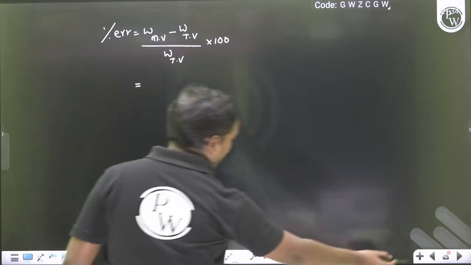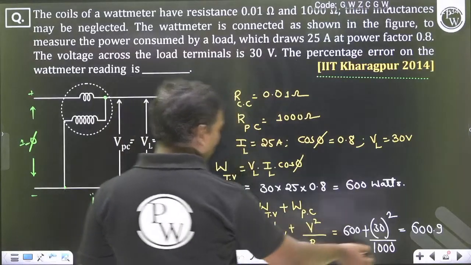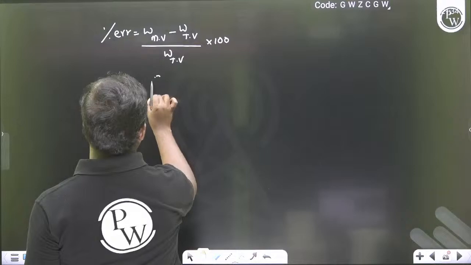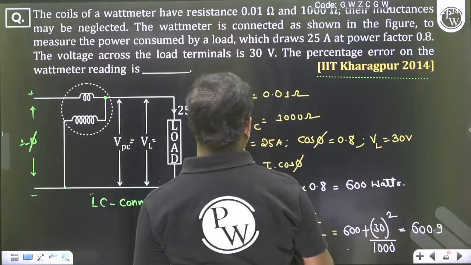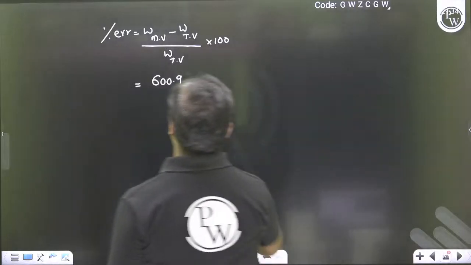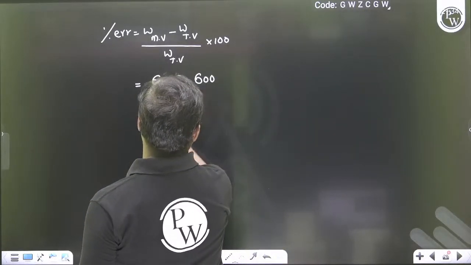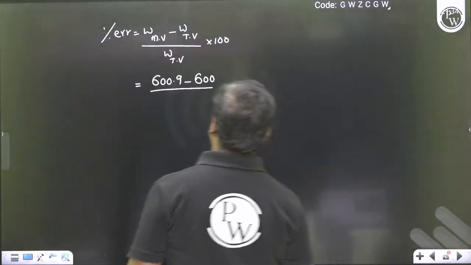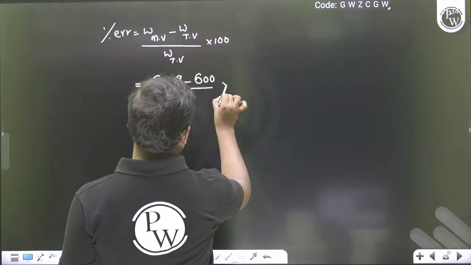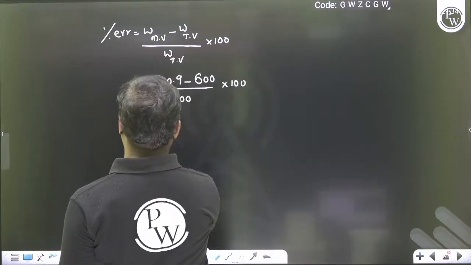So what is the measurement value? Measurement value 600.9 minus true value 600. ट्रू वैल्यू क्या है 600, इनटू 100. अभी कितना हो गया एक बार चेक करो.